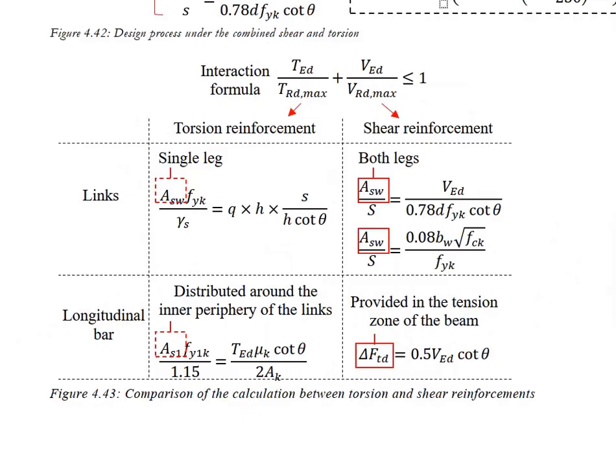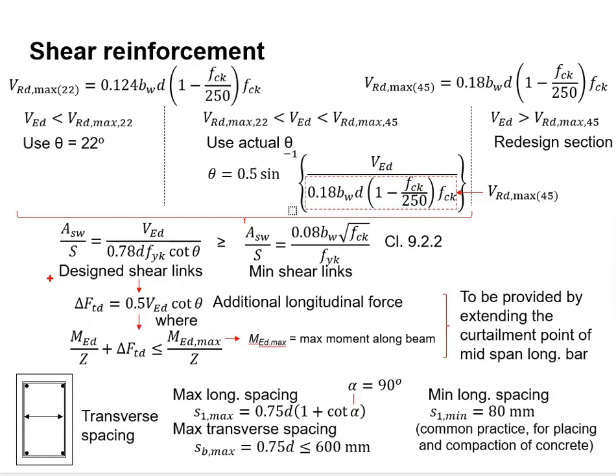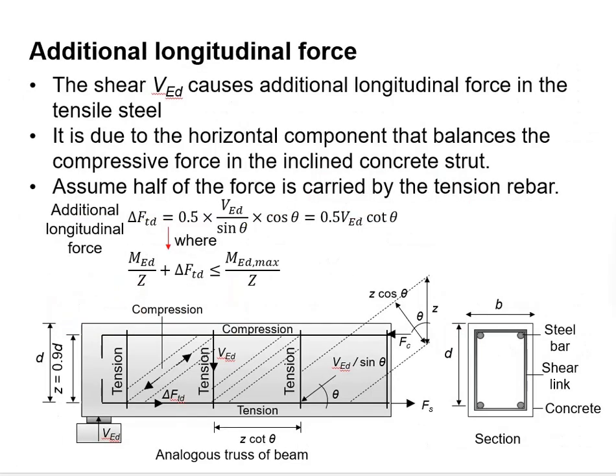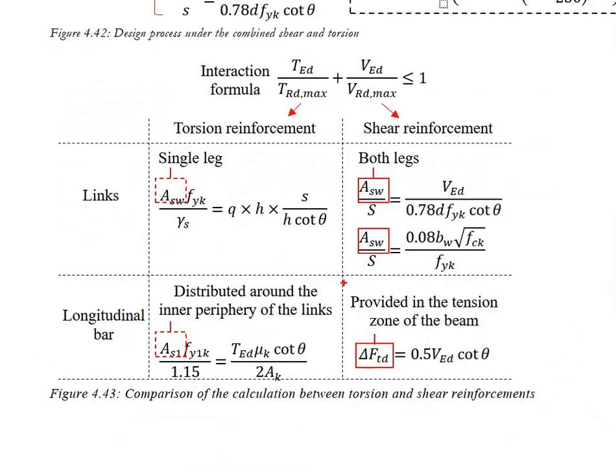Even so, you need to remember that there is an additional tensile force due to the shear reinforcement. Remember, in our design of the shear reinforcement, due to the imaginary truss model, the force interactions within the strut and the reinforcement will lead to an additional force, where you need reinforcement to overcome the additional force here.